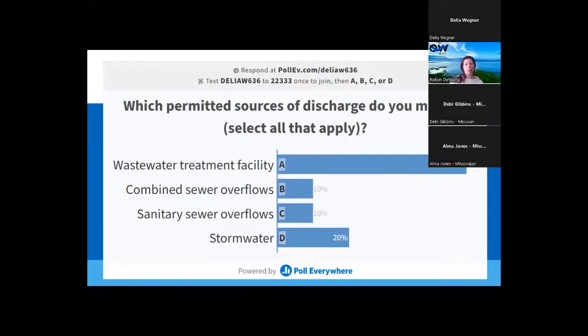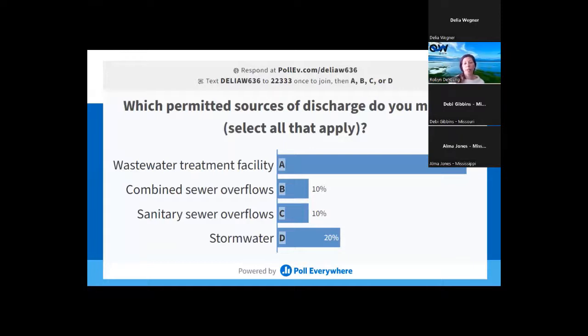Okay, so a number of you manage the wastewater treatment facilities. And one question I would have for you is, if you are managing a wastewater treatment facility, have you reached out to your other counterparts within your municipality to talk about maybe stormwater or the combined sewer system that might be going to your wastewater treatment facility?